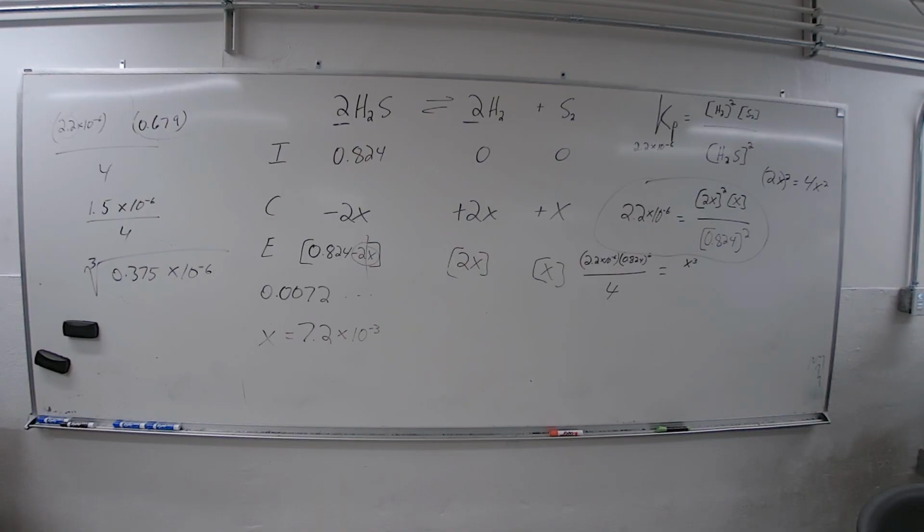Step value. Before. Zero point 824. This equals that. Squared. Equals that divided by 4.